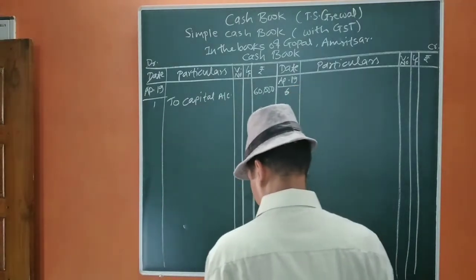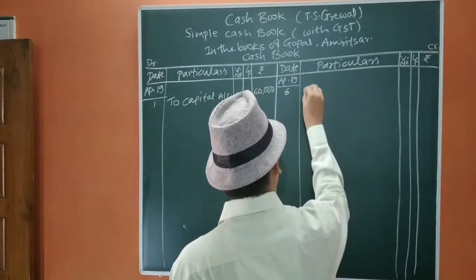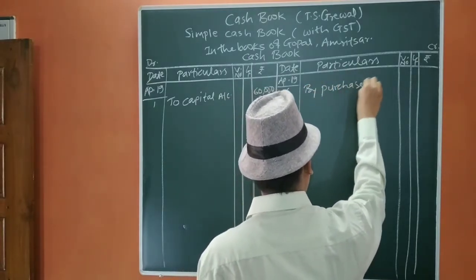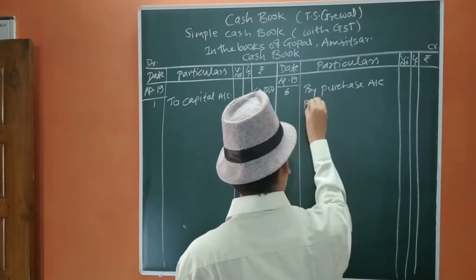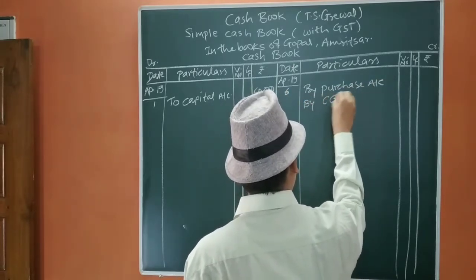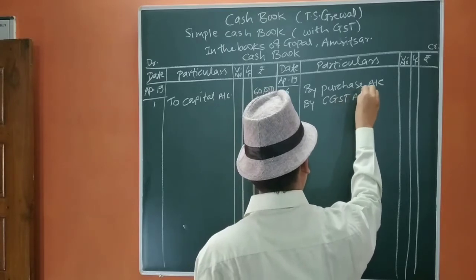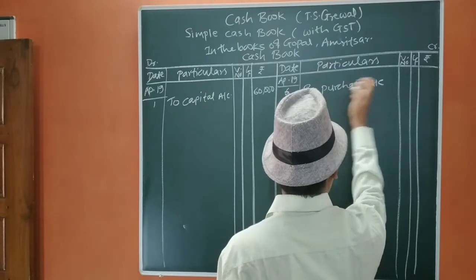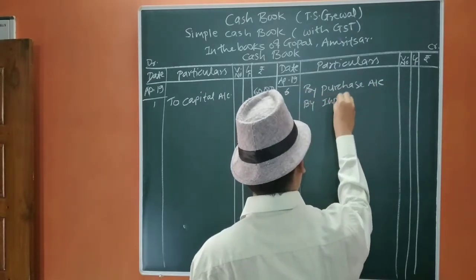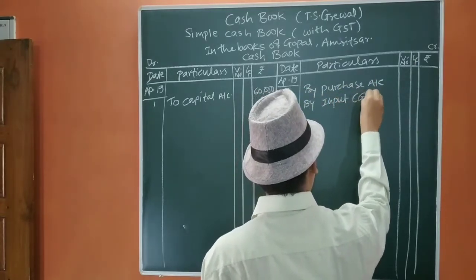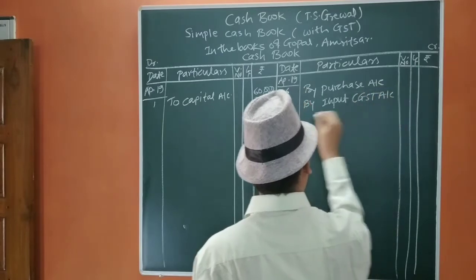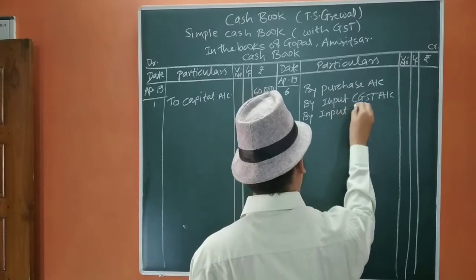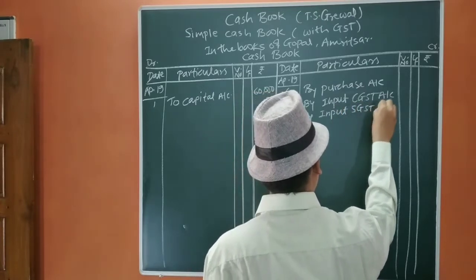6, by purchase account, half the payment, by input CGST account, by input SGST account.